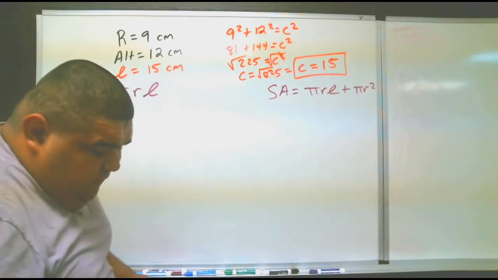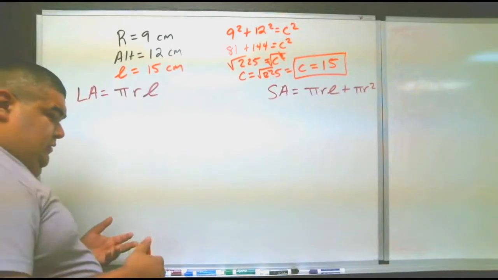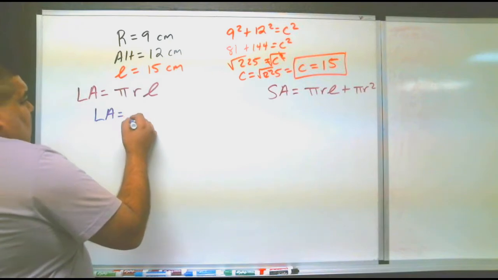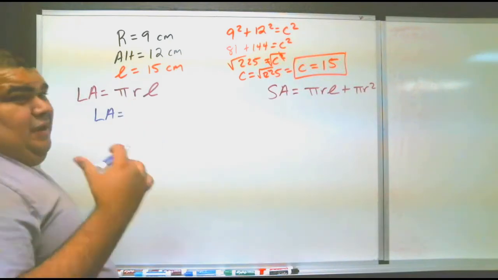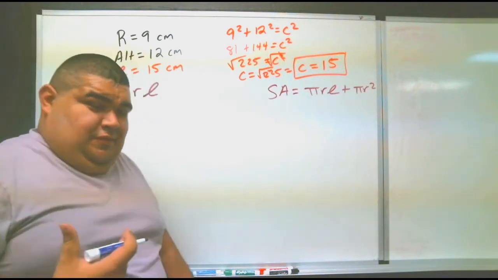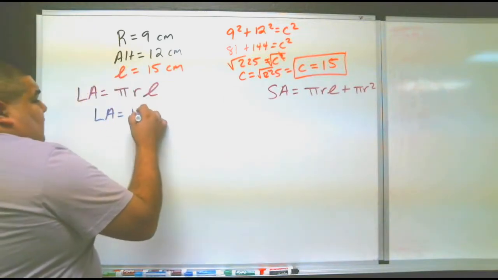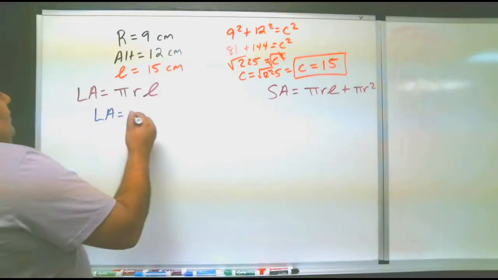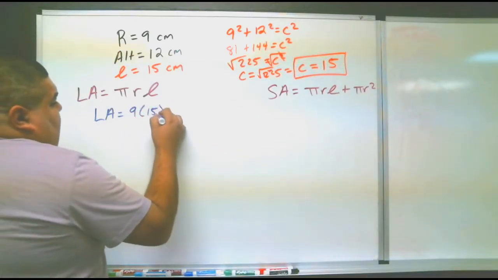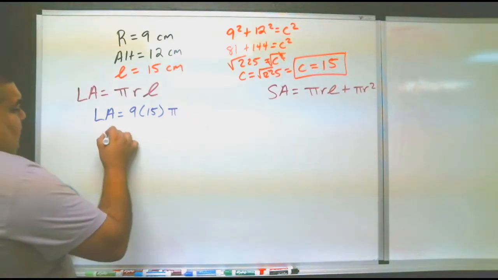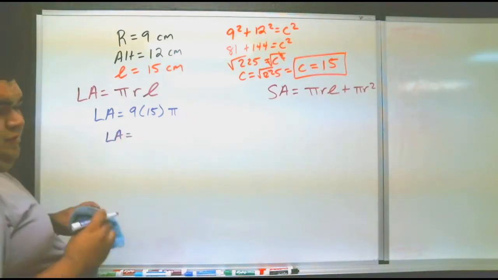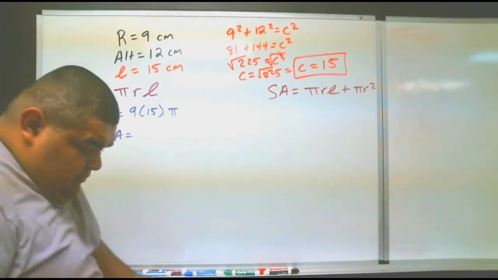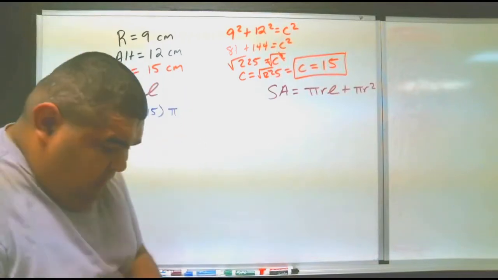Okay, now that we have all our information, we can say LA equals, I'm going to put the radius first. I'm the kind of guy that always likes to put the pi at the end. So we're going to do 9 times 15 times pi. Lateral area equals 9 times 15, which I don't know off the top of my head.